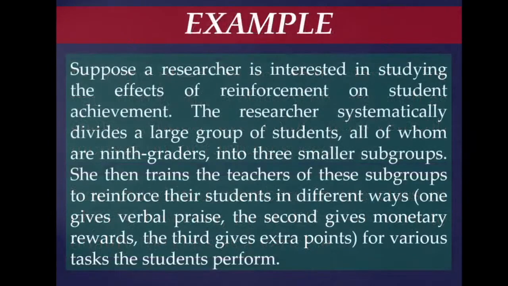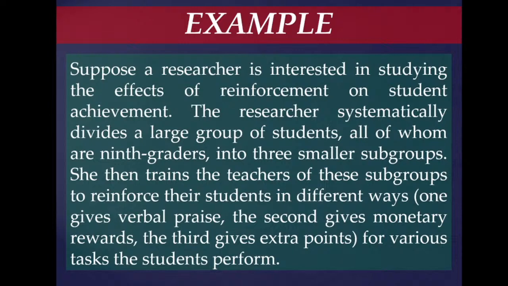Let us have a short exercise. We will read this situation and you need to write on the comment box which are the variables involved. All right, so I'm going to read this example, and what you need to do is to write the variables involved in this example. Okay, let me read this for you. Suppose a researcher is interested in studying the effects of reinforcement on student achievement.